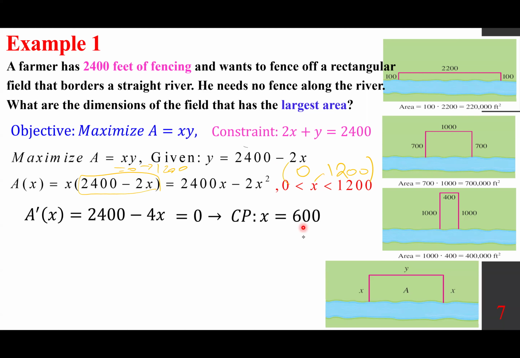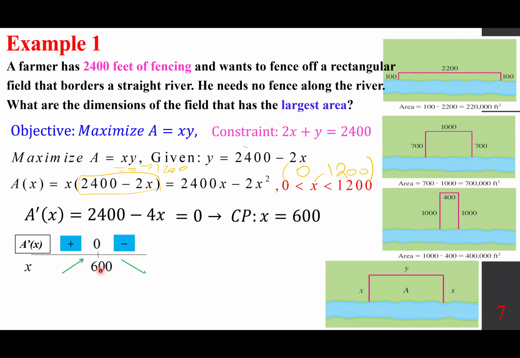For the first derivative test, I need a sign graph. So I go from negative to positive infinity, and at 600 it is 0. To the left of 600, if you plug in, such as 0, you get positive 2,400. To the right of 600, put in 1,000 and you get negative. So up arrow, down arrow.